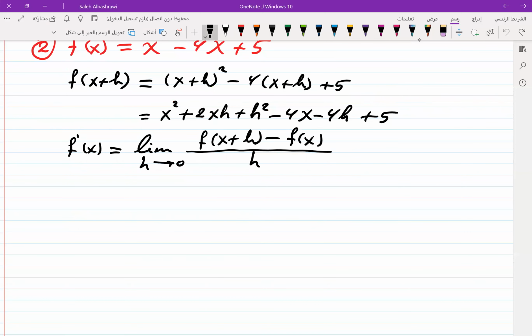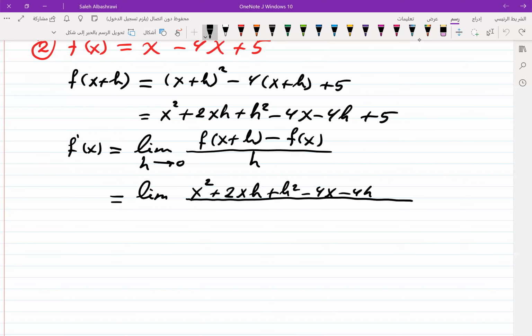This is equal to x squared plus 2xh plus h squared minus 4x minus 4h plus 5.